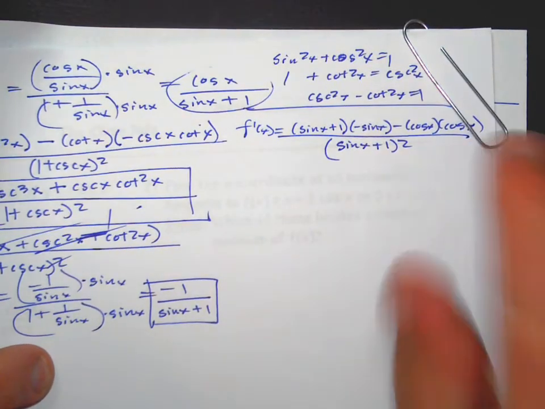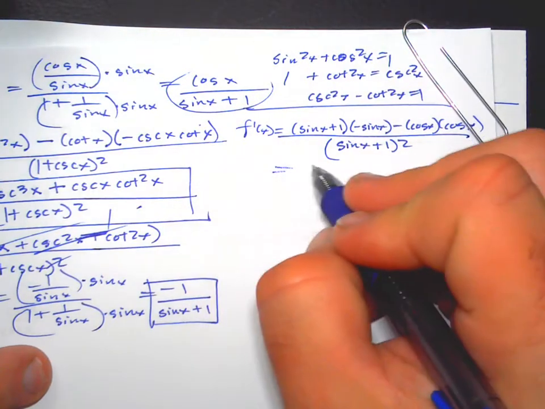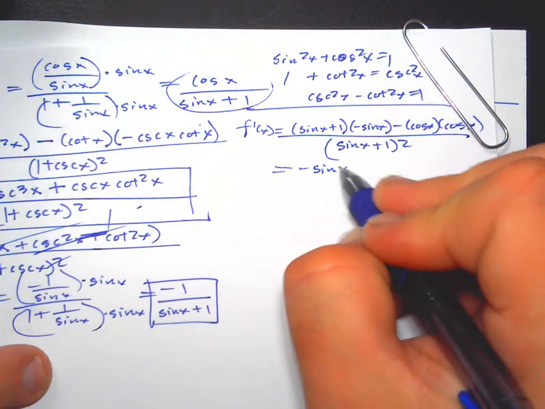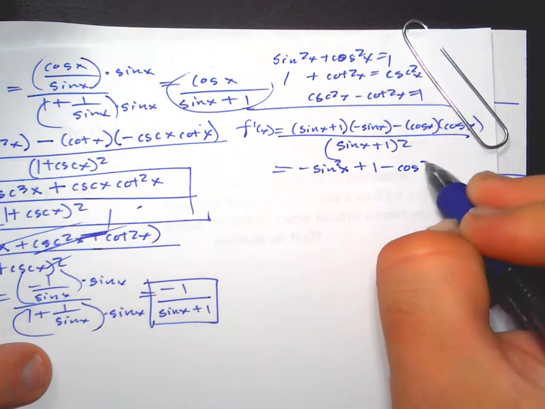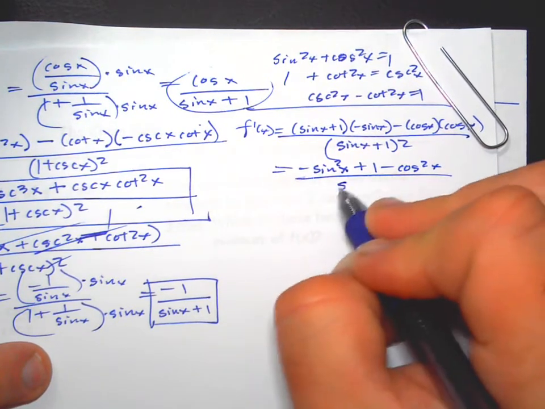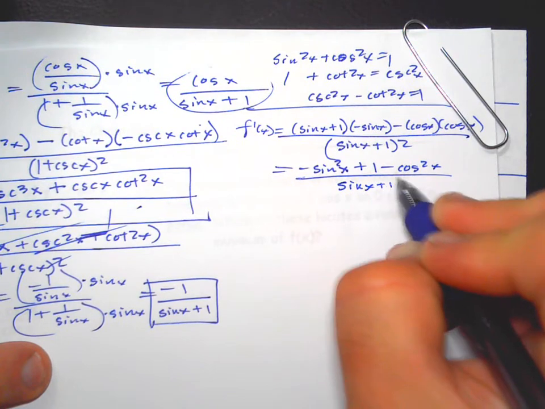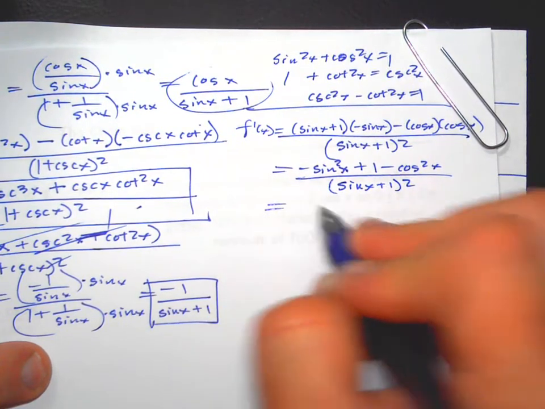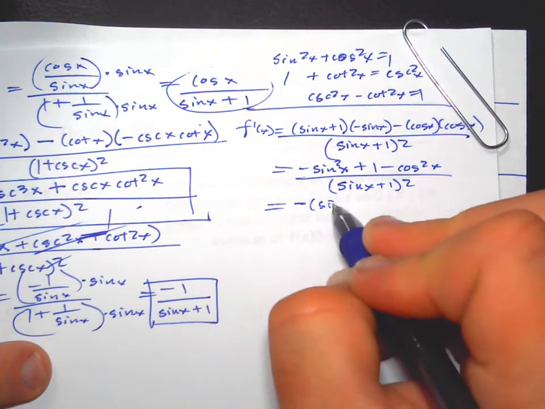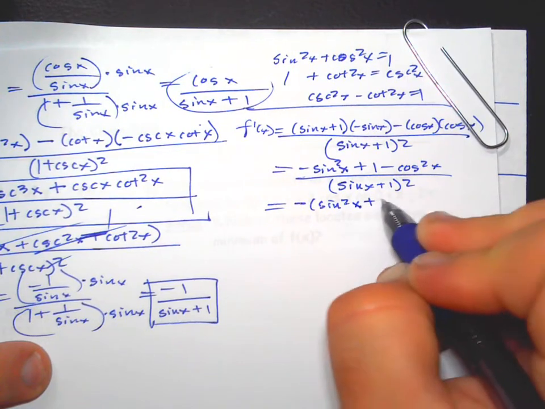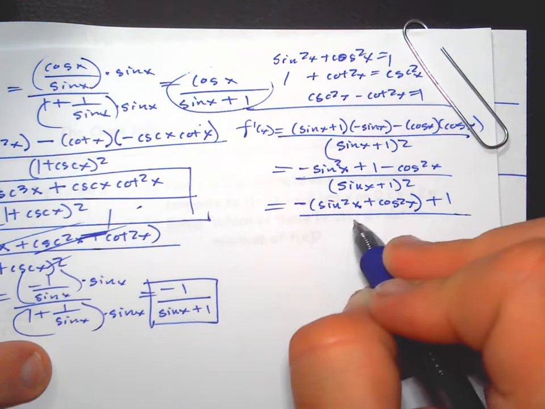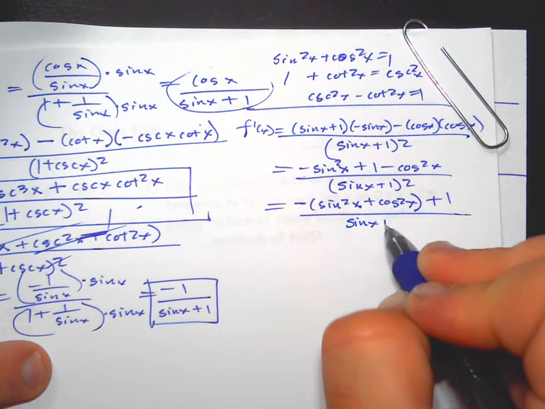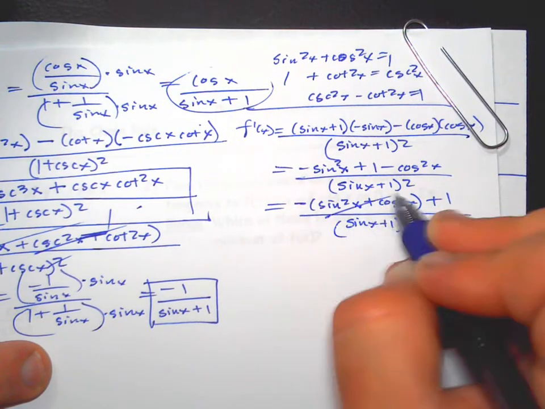Then we just try and clean it up. Negative sine squared plus 1 minus cosine squared. So we could take a negative out of the sine squared plus cosine squared, which should give you a 1.